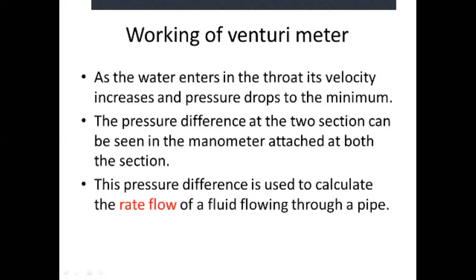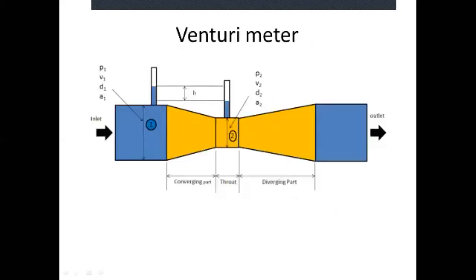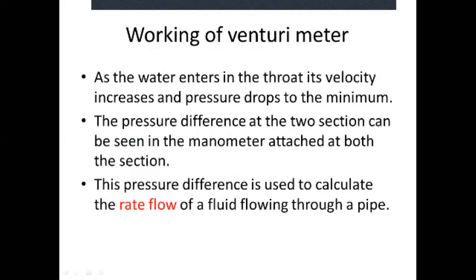The pressure difference at the two sections can be seen in the manometer attached at both sections. Basically, you can attach a manometer here, or even these two can just behave as a manometer, where the height difference between them is proportional to the velocity or the flow rate at which the liquid is flowing.